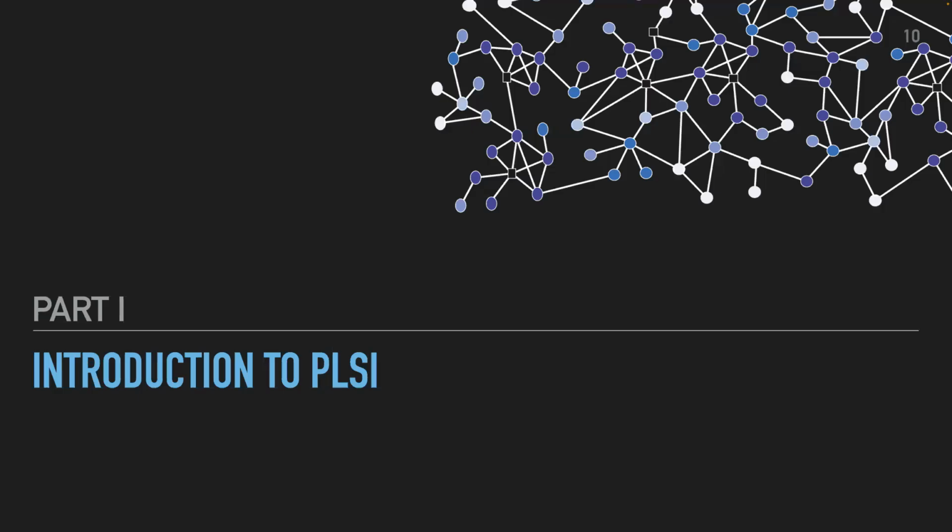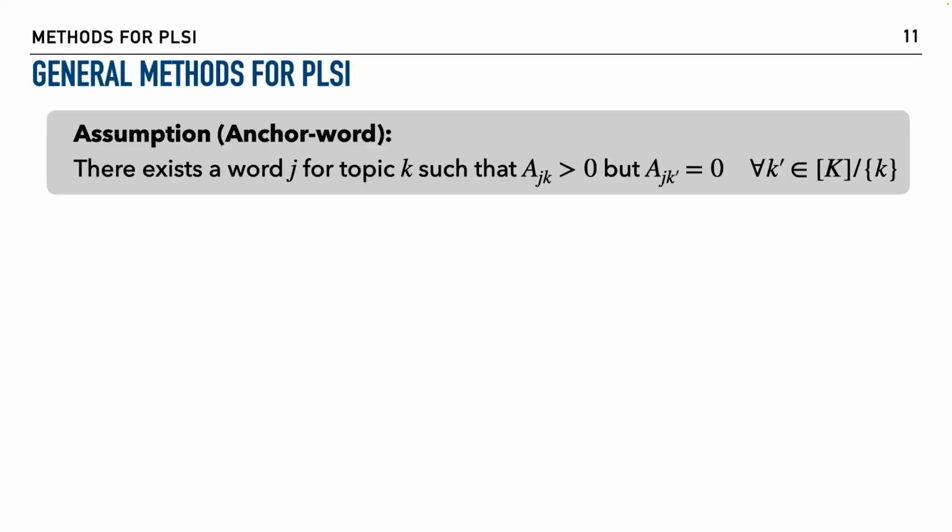All right, so first, let's start with an introduction to PLSI models. In PLSI, a somewhat ubiquitous assumption that you hope holds is that there exists a word J for topic K such that A_JK is strictly positive, but A_JK' is 0 for all K' in the rest of the set K without the one that is non-zero.